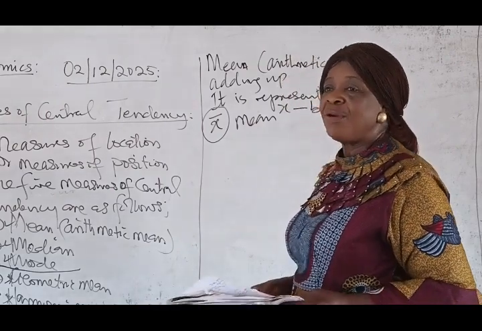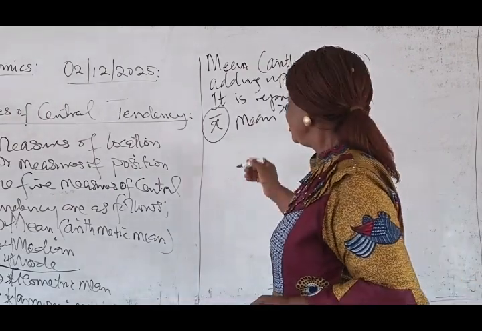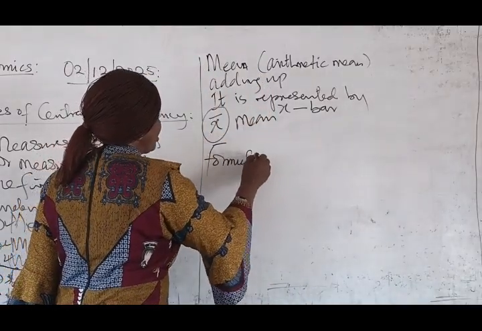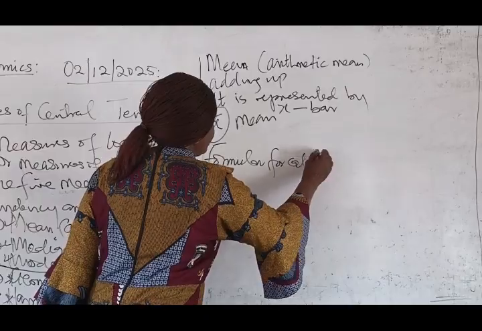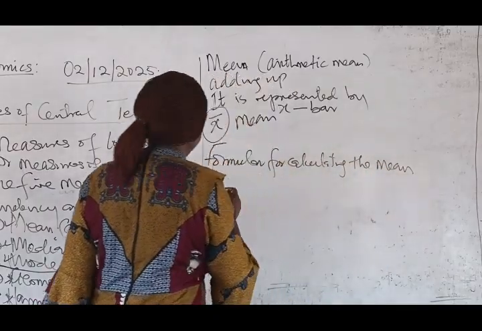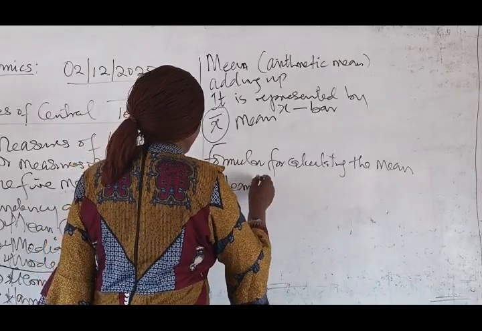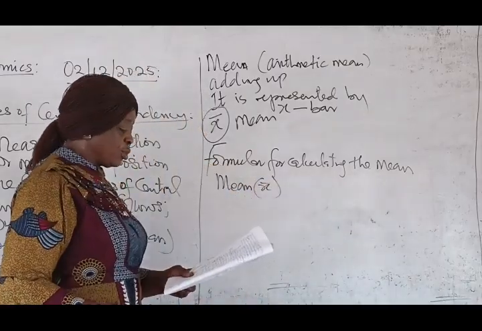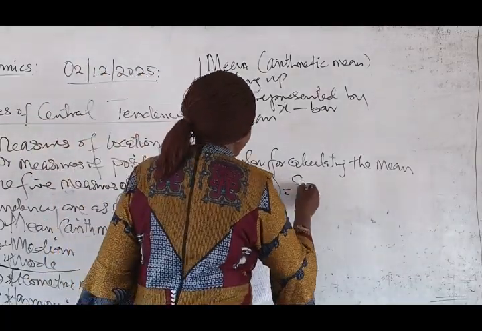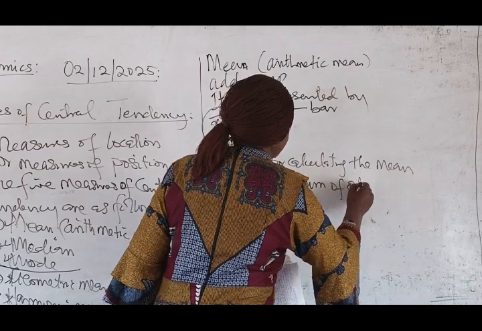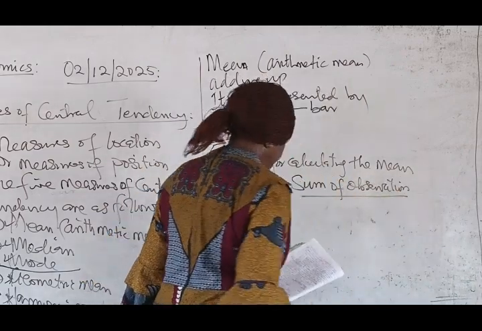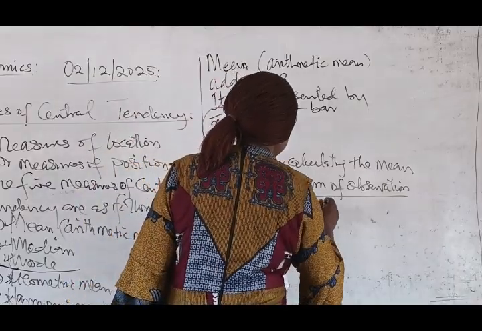Now, what is the formula for calculating the mean? The formula for calculating the mean: mean, or in bracket X bar, whichever one you want to use, equals sum of observation all over the number of observation.